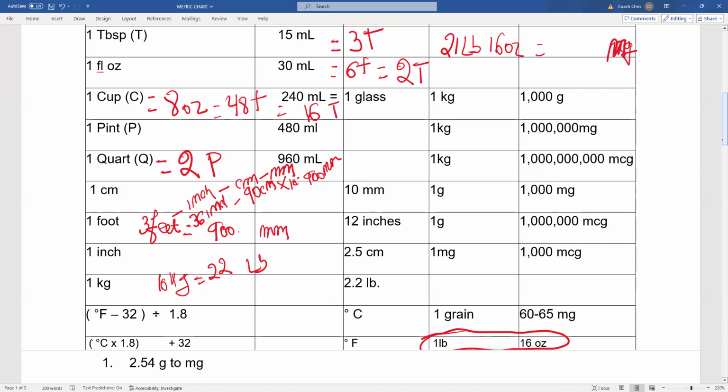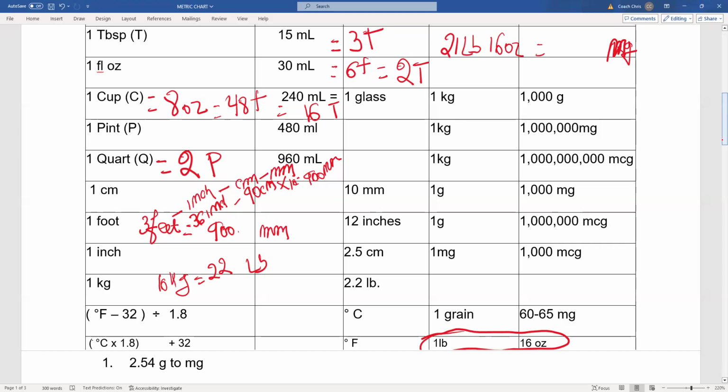But there is not a clear path to go from pounds and ounces to milligram. So what I have to do, I have to bring everything to pounds. Then from pound, I make my way to kilogram. Because you know pound to kilogram, I gotta divide by 2.2. So once you divide the pounds by 2.2, now you have kilograms.